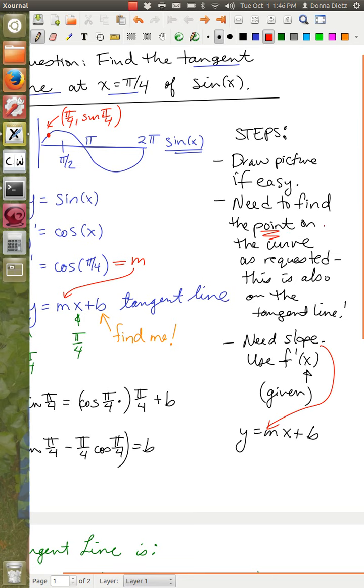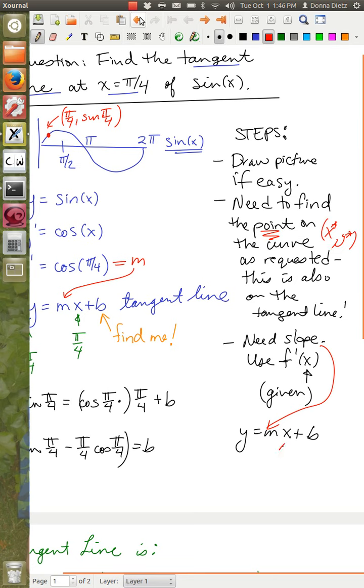The point is, let's call it x star, y star, for lack of a better name.